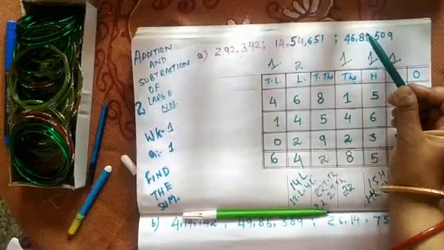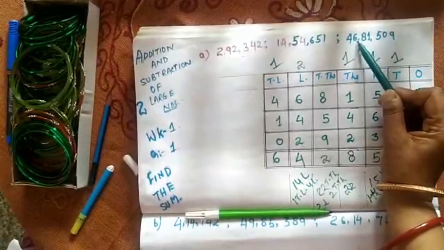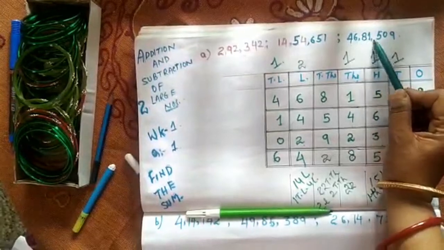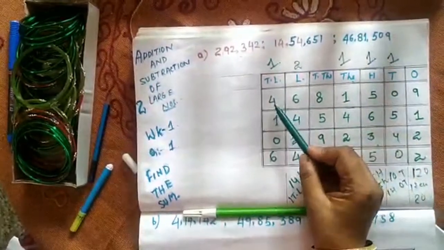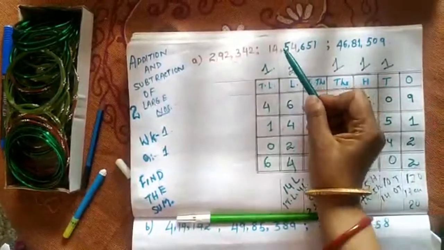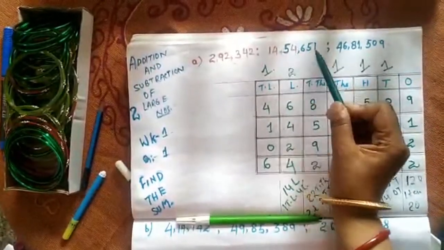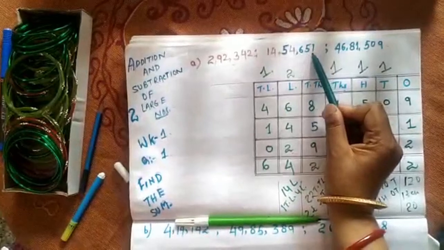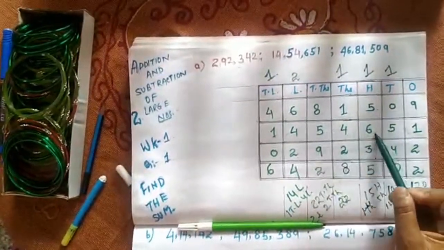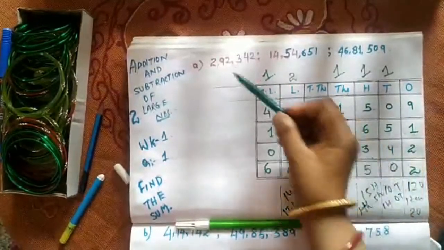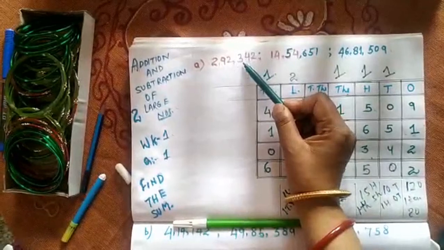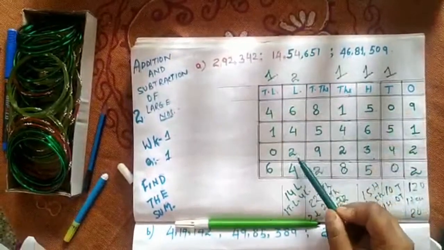First we write down the greatest addend, and the greatest addend here is 46,81,509. So it is written 46,81,509. Now the second greatest is 14,54,651, so the second number is 14,54,651, and the third is the least one, 2,92,342.